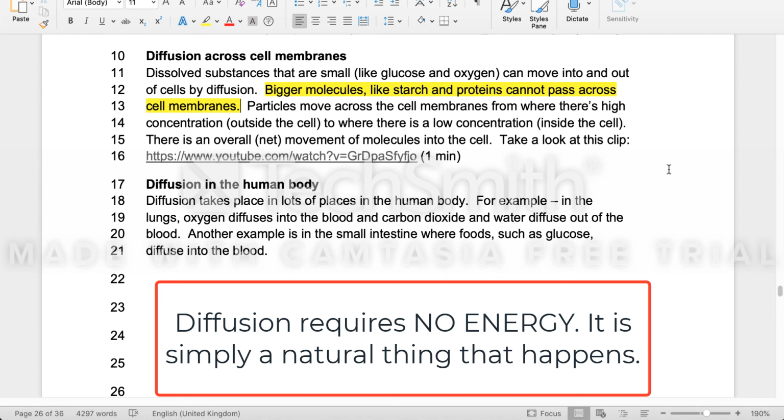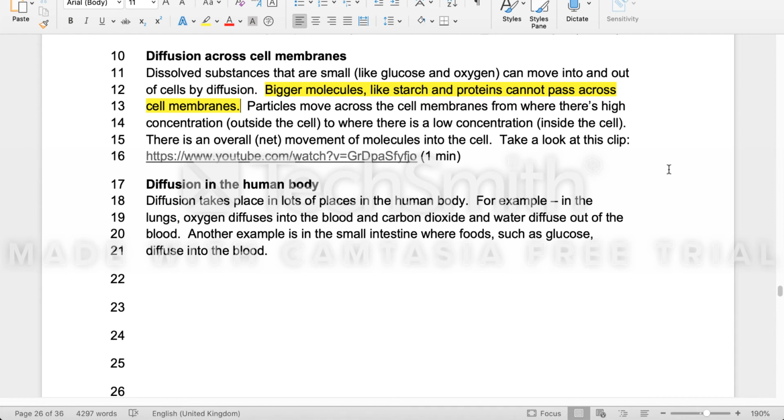So for instance, plants don't need to worry about if they have enough energy to suck up water and nutrients. It just does. That's kind of how the universe works. That being said, they do need that water there in order for the water to diffuse into their roots. But they don't need their roots to go and pick up water.